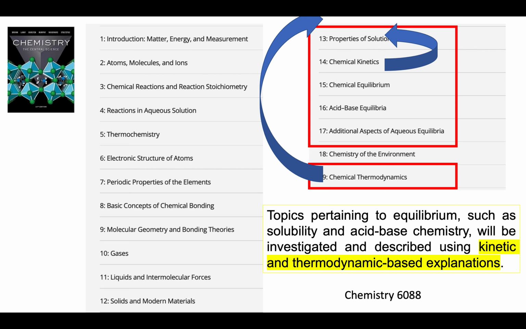Let's not say, all right, we're going to forget everything we know about chemistry. Let's keep our own knowledge of chemistry, but add to it now a description of thermodynamics and kinetics, and then build from that to be able to reach our objective of being able to explain phenomena involving solubility and acid-base chemistry using either thermodynamic or kinetic-based explanations.